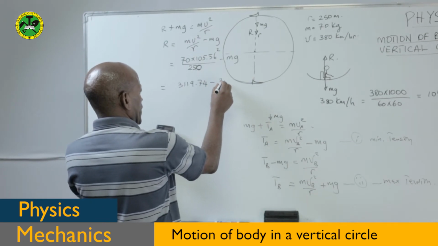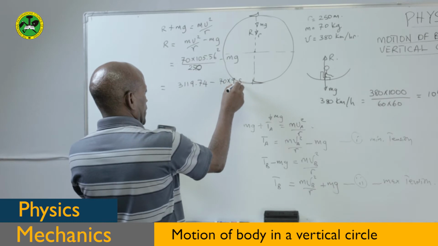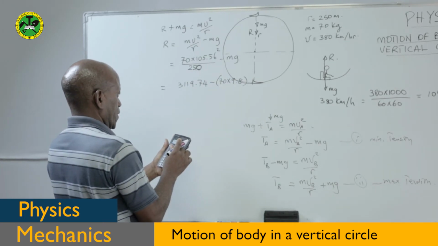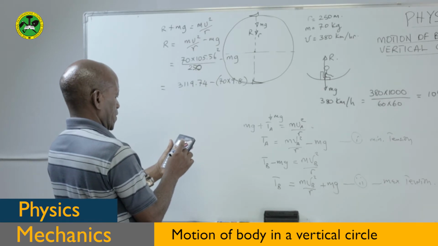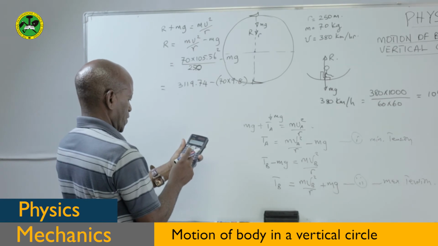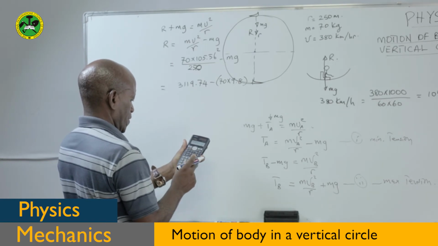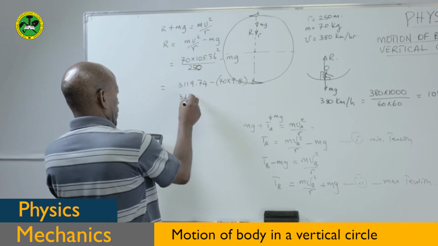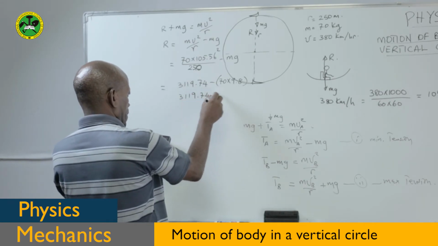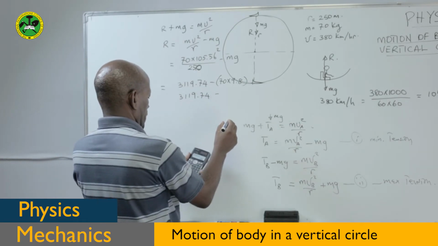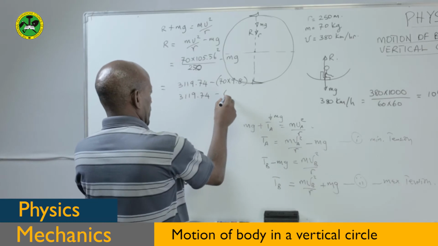The mass is 70 and g is 9.8. So we'll have 3119.74 minus, here, this is 686.